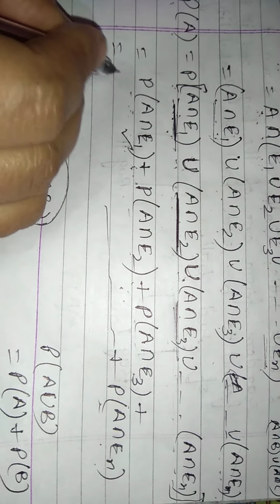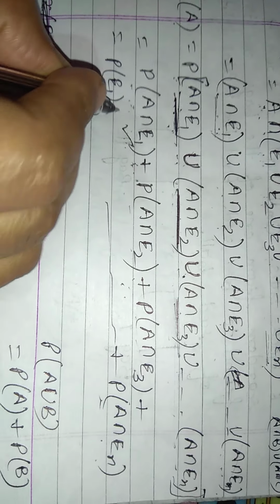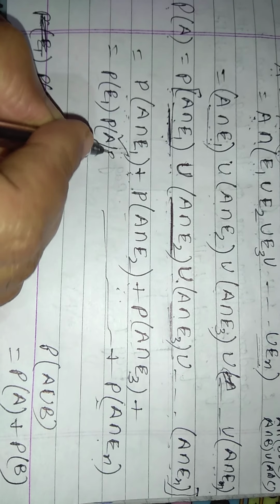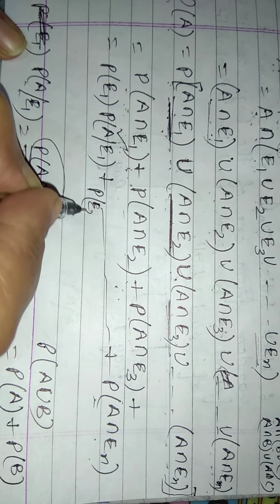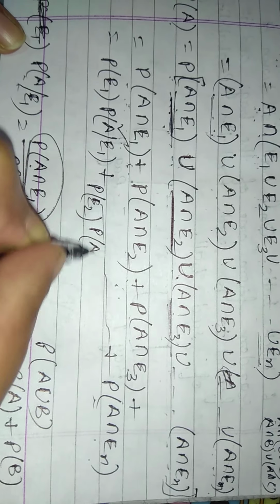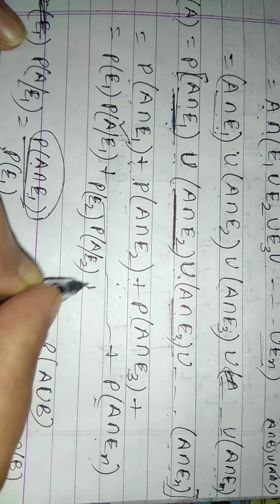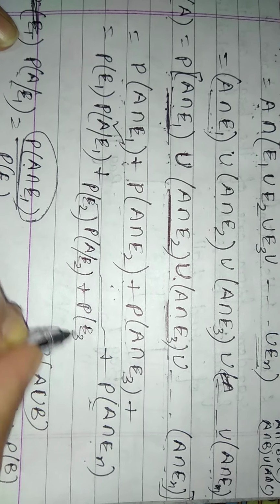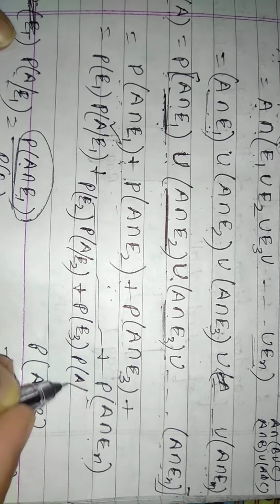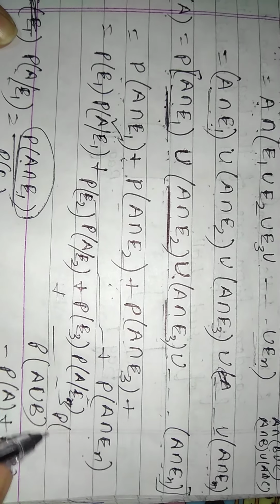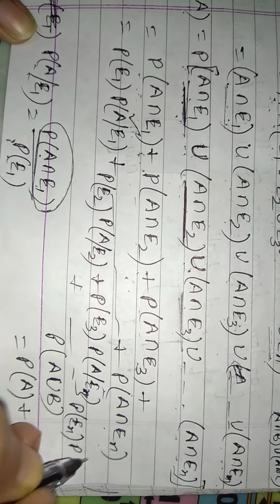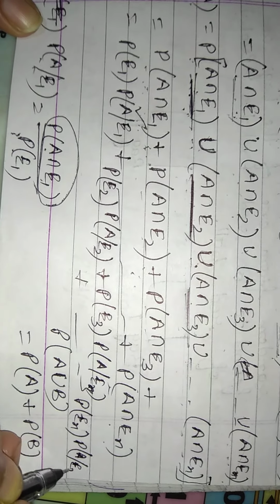So this is P(E1) into P(A|E1) plus P(E2) into P(A|E2) plus P(E3) into P(A|E3), and the last one is P(En) into P(A|En), and this is the proof of this theorem.